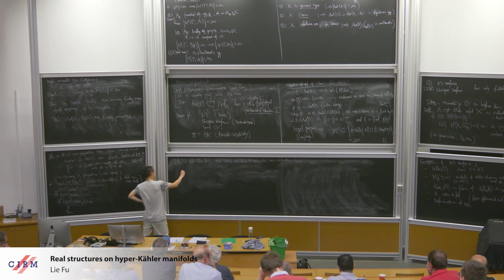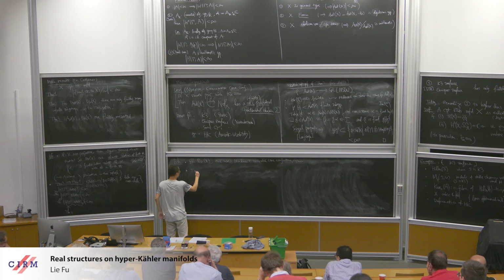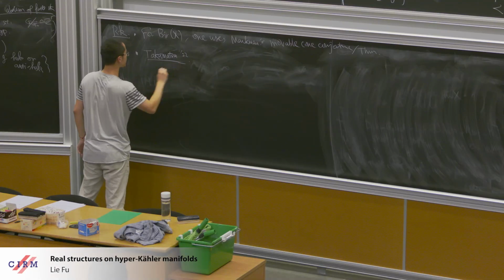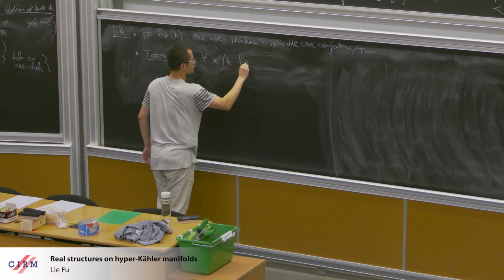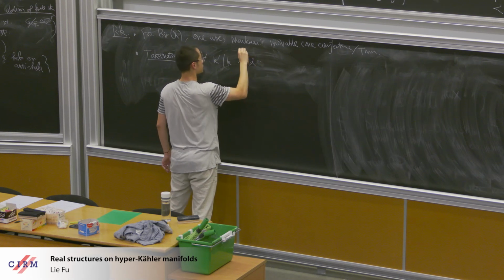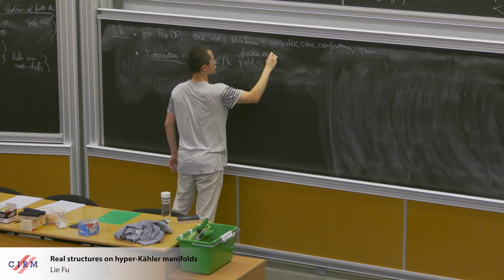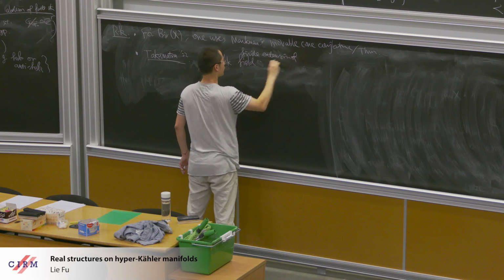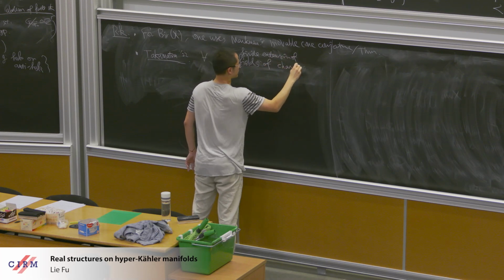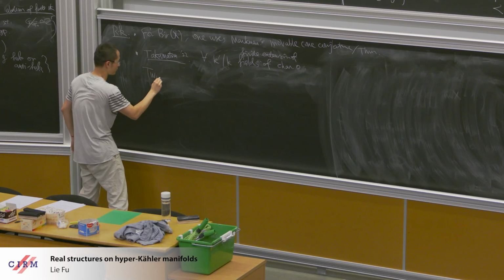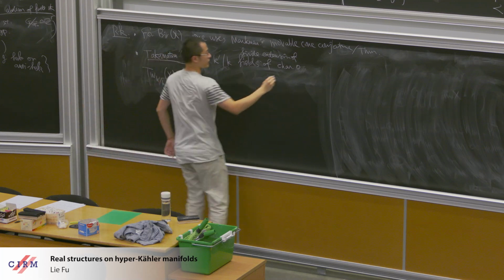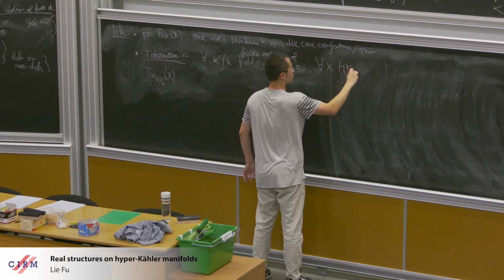Okay? And another remark is that Takamatsu, very recently this year, showed that for any finite extension of fields of characteristic 0, the twists are finite. So the twists of X, and any X hyper-Kähler defined over k.